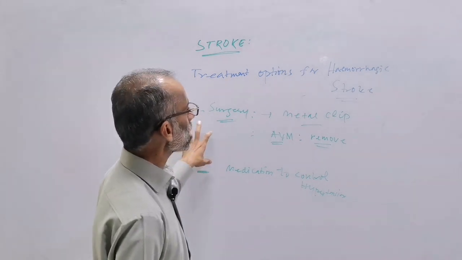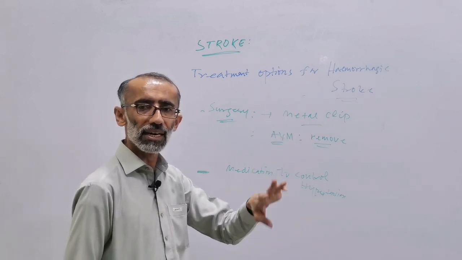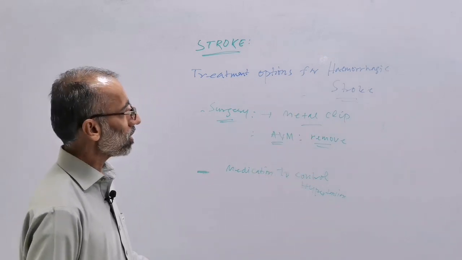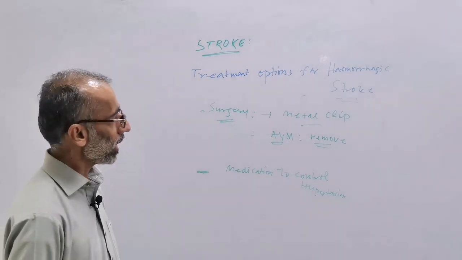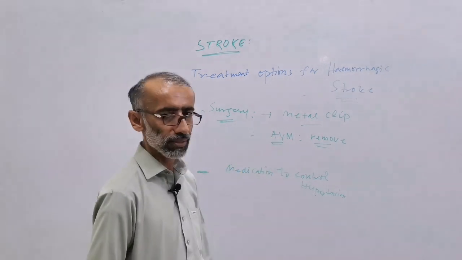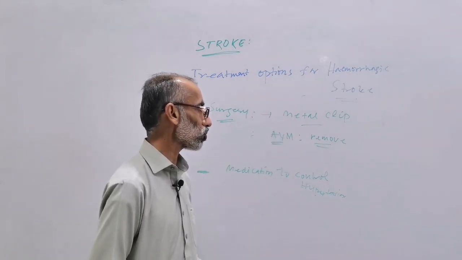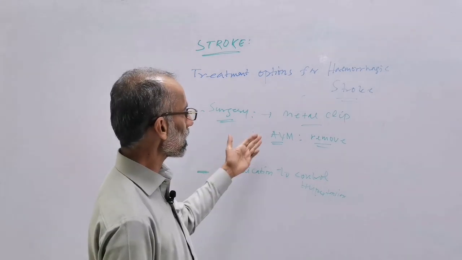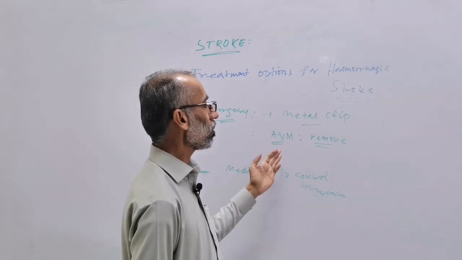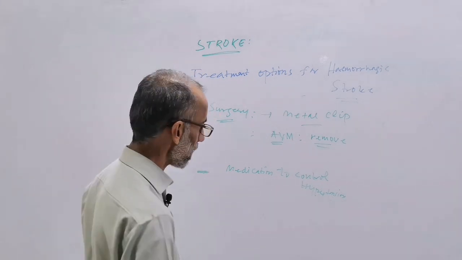The definitive treatment for hemorrhagic stroke depends on its causes and etiology. Surgery is indicated in case of aneurysm and AV malformation. In case of aneurysm, we are going to apply a metal clip at the base of the aneurysm. In case of AV malformation, we have to remove these abnormal vessels by surgery.